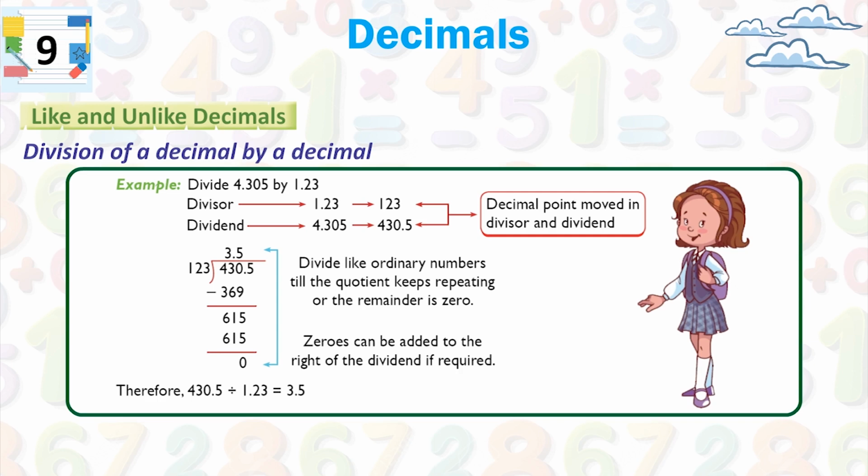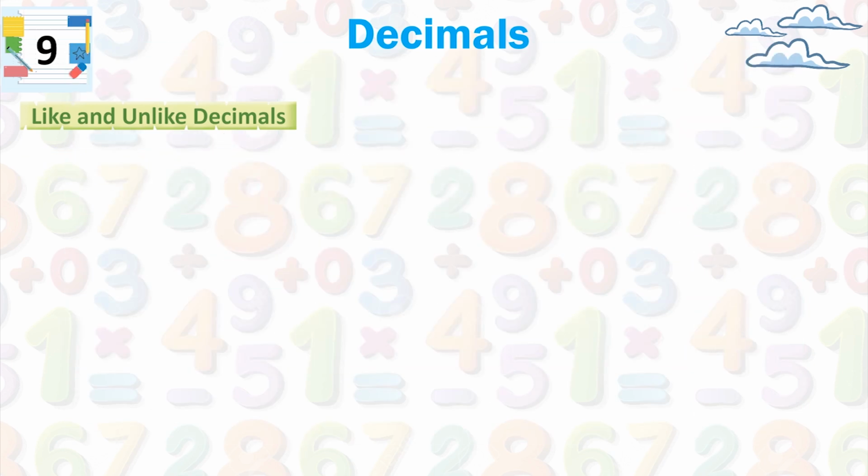Divide like ordinary numbers till the quotient keeps repeating or the remainder is 0. Zeros can be added to the right of the dividend if required. Therefore, 430.5 divided by 1.23 is equal to 3.5.